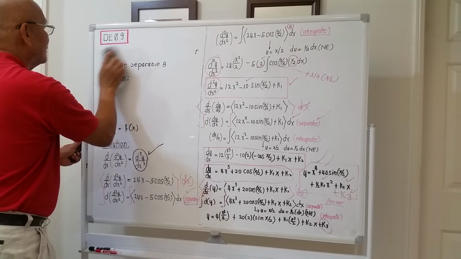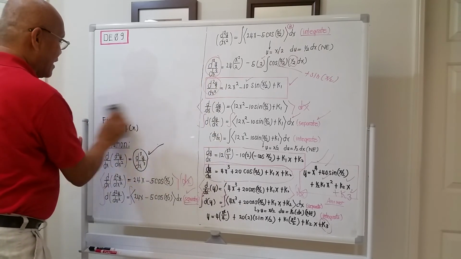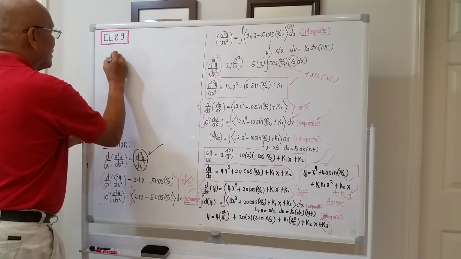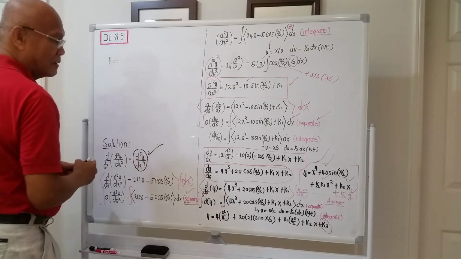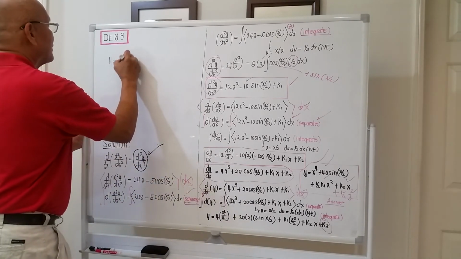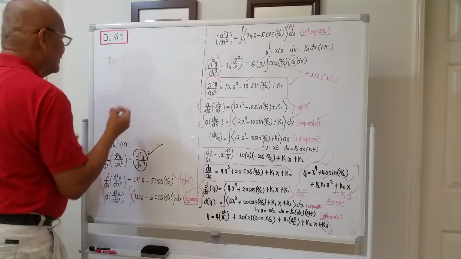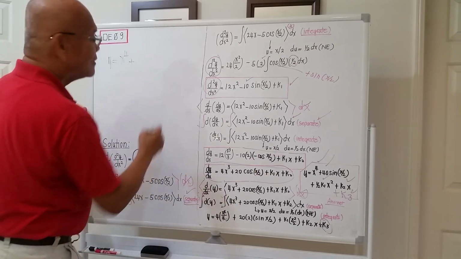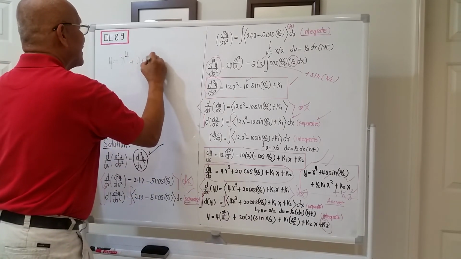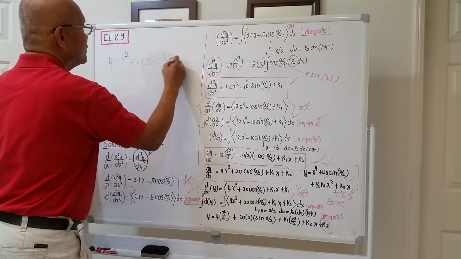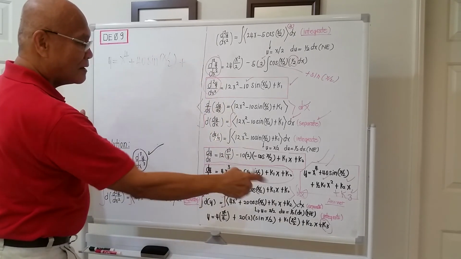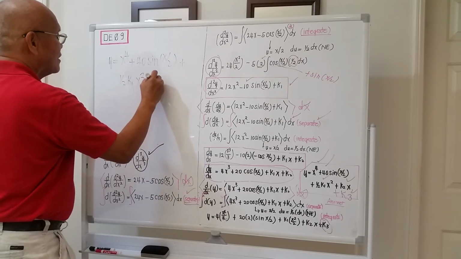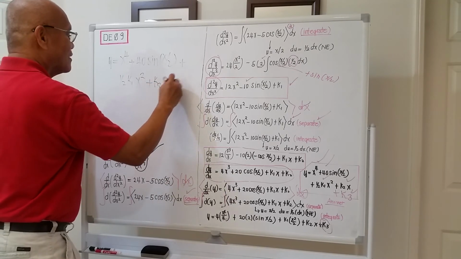I will try to rewrite the final answer. The final answer is actually y equal to x to the 4th plus 40 sine of x over 2 plus 1 half k1 x squared plus k2x plus k3.